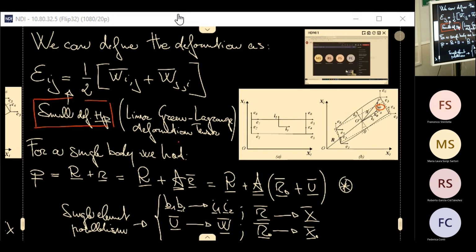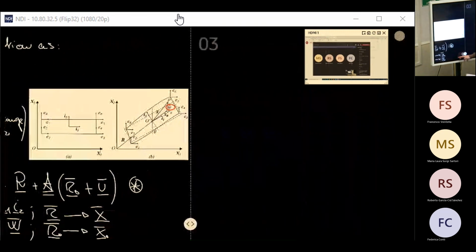Let me just mark this equation, because now we can rewrite equation star operating this substitution. Let's do it.